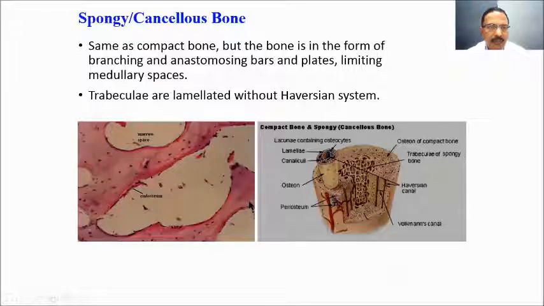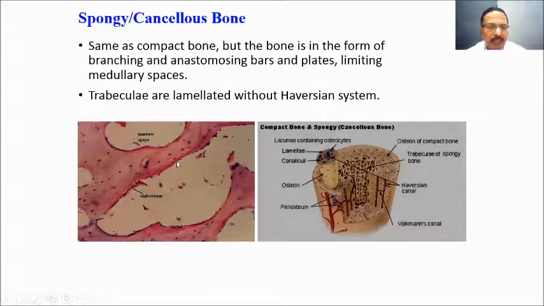Coming to the cancellous bone, as I told you, that is also made up of sheets of bone, or lamellae, but here it is not forming a Haversian system. But if it is a big bony trabeculae, the cancellous bone is made up of bony trabeculae interconnecting each other and anastomosing.